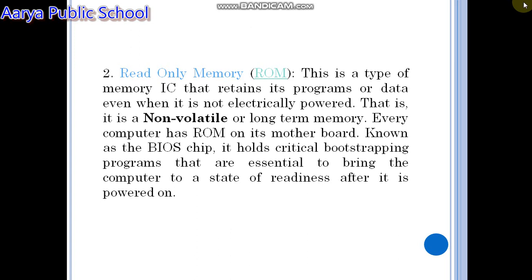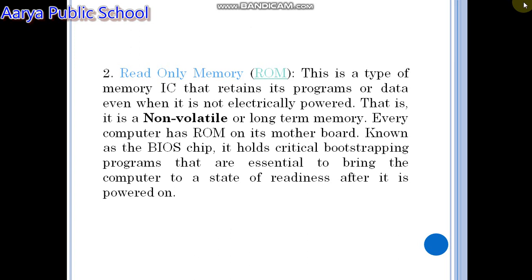Even when the computer is off, it keeps the data, and after the computer starts, it gives the boot. These are ROM, read only memory.